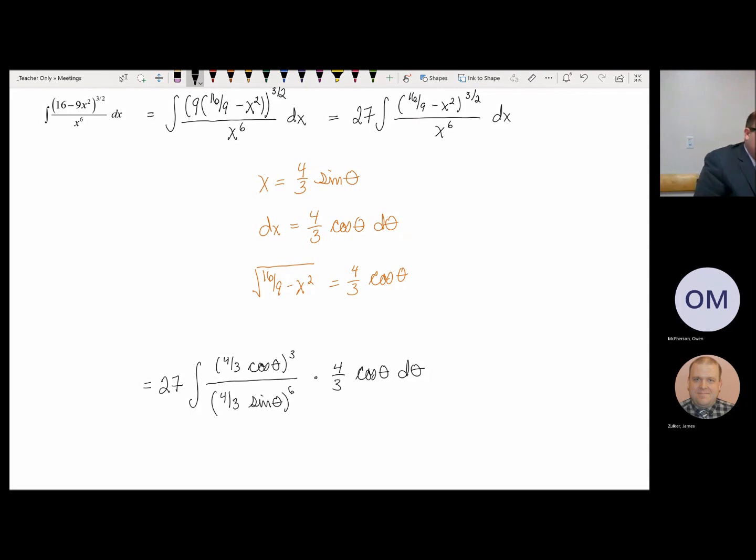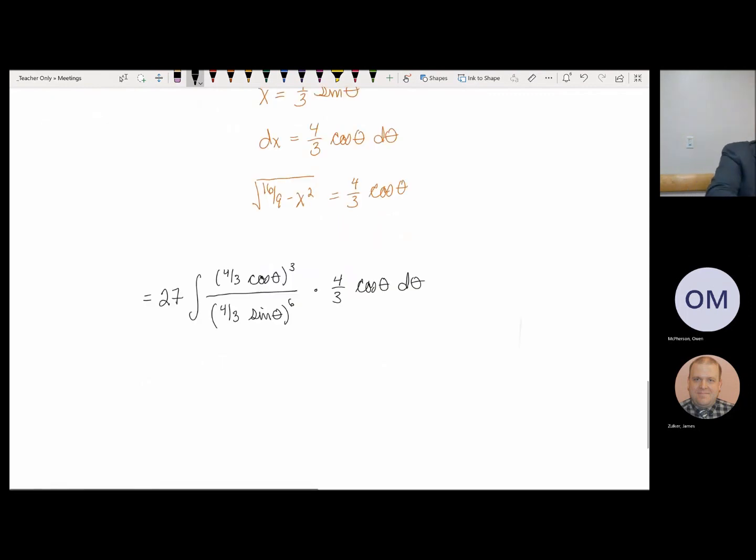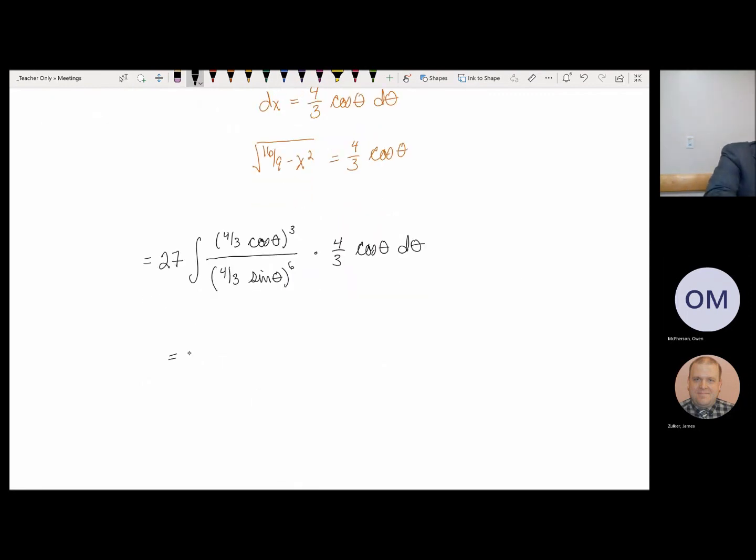Right? Four thirds cubed times 4/3 is 4/3 to the 4th. Divided by 4/3 to the 6th leaves you with 1 over 4/3 squared, right? And then, of course, we have cosine cubed times cosine, which would be cosine to the fourth.